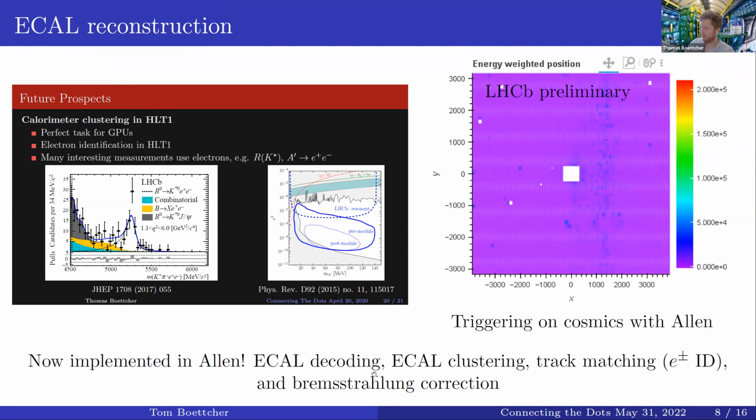So we have implemented ECAL decoding, ECAL clustering, matching tracks to those clusters to identify electrons. And we can even recover Bremsstrahlung losses from those electrons. And so we have a full electron reconstruction working in Allen.